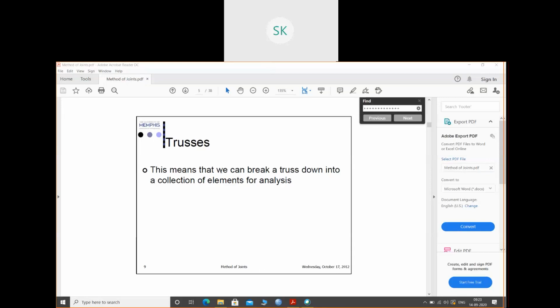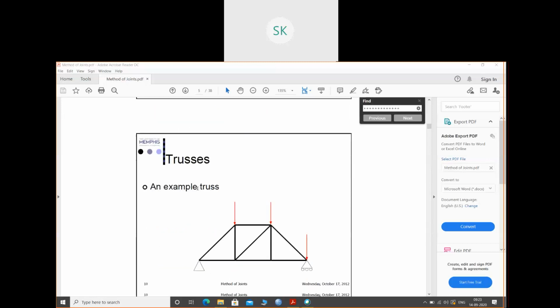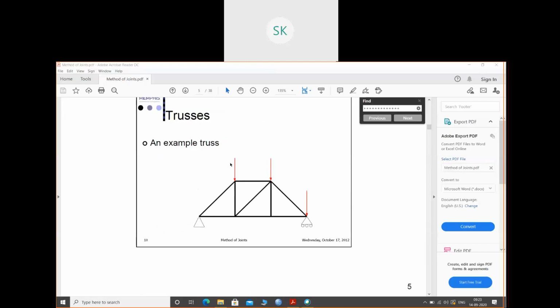So this means that we can break a truss down into a collection of elements for analysis. A truss can be broken down into small elements for the final analysis. This is an example of a truss. These black members are your members, and these are the loads applied at the joints on those members, and these are your supports.